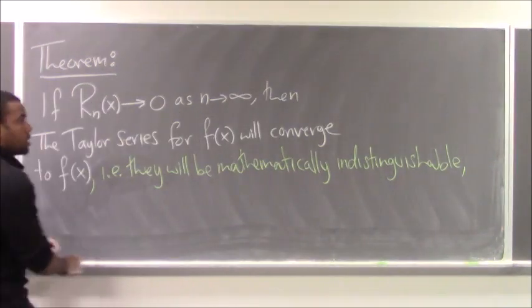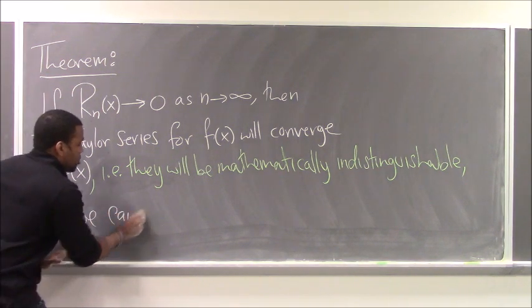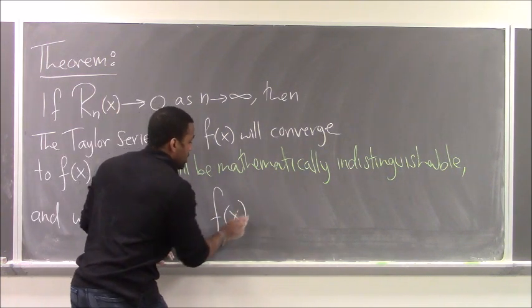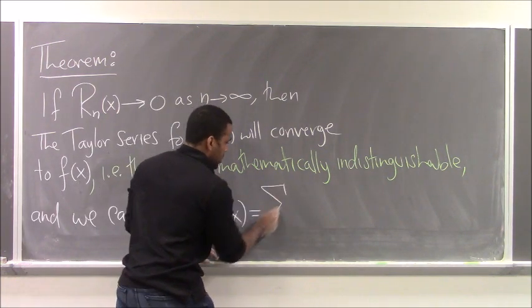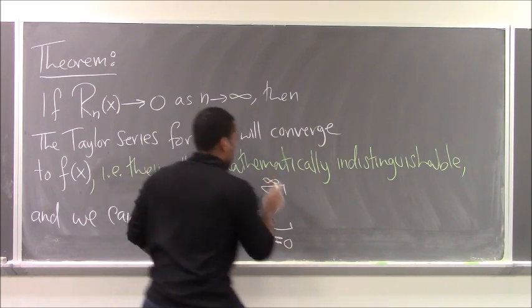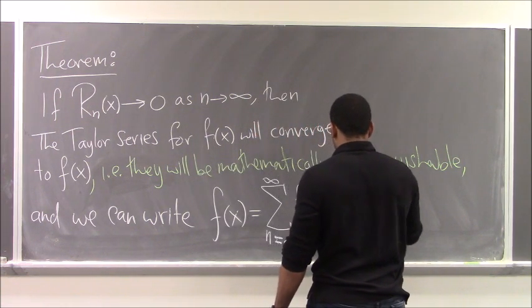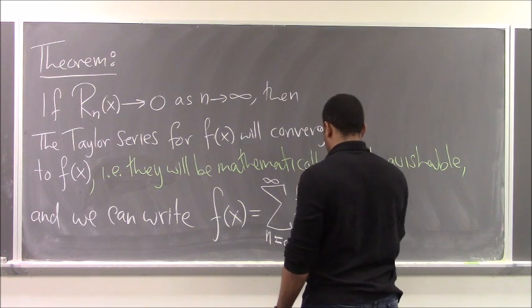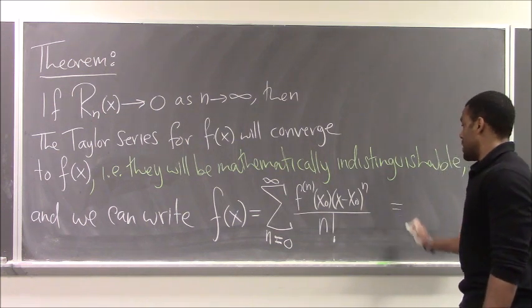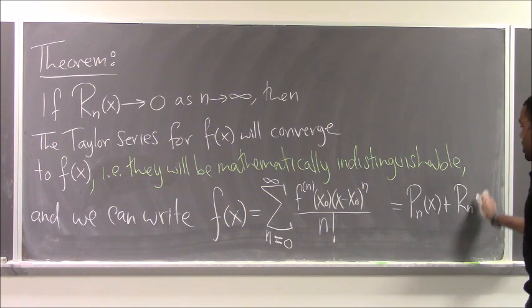And we can write f of x equals its Taylor series, which we could write as p to the n of x plus r to the n of x.